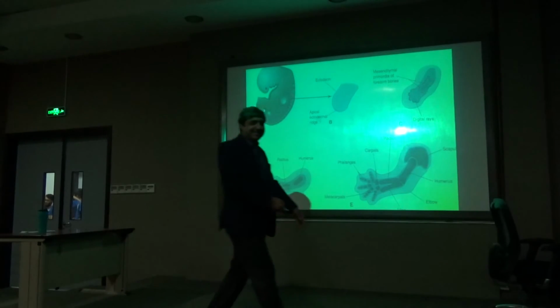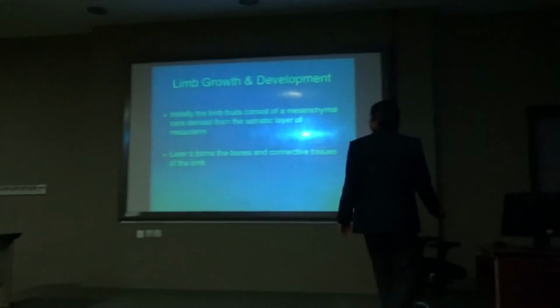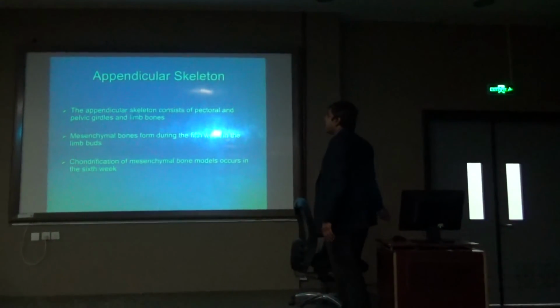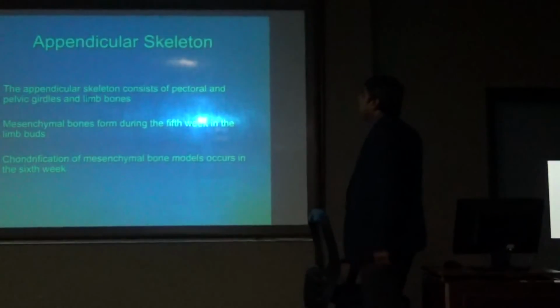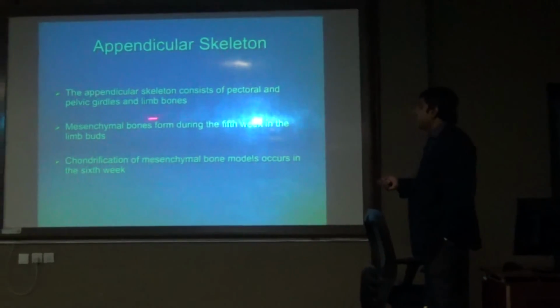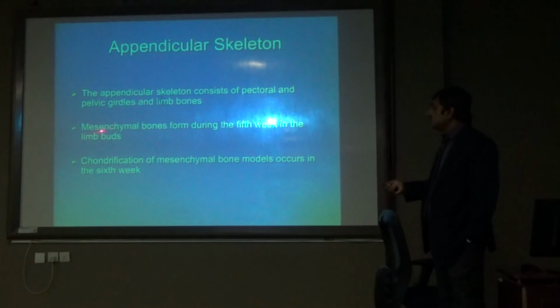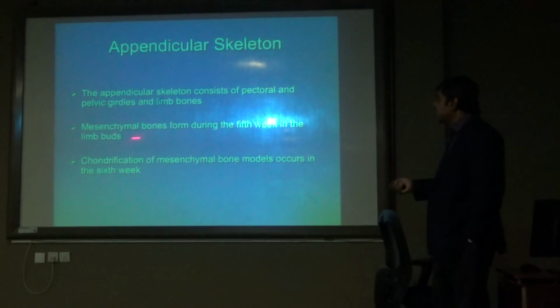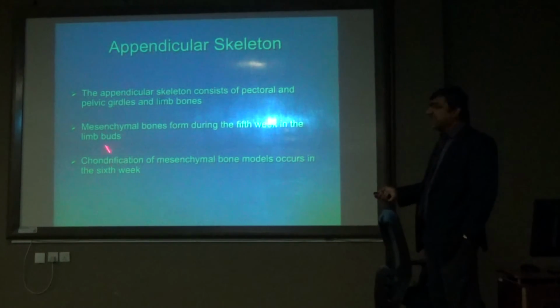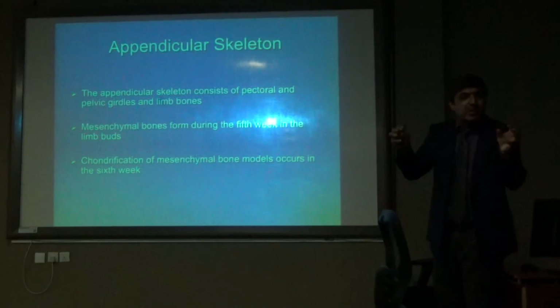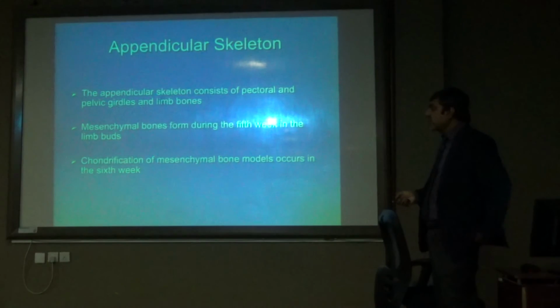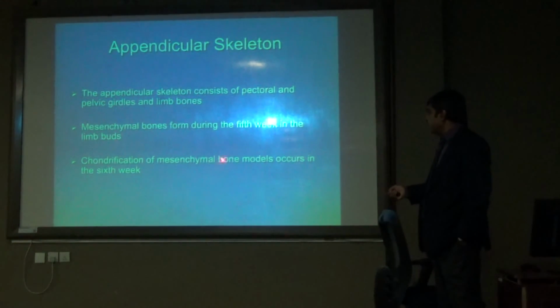Let's read it. The appendicular skeleton consists of the pectoral and pelvic girdles and limb bones. Connective tissue or mesenchymal bones form during the 5th week in the limb buds. Chondrification means formation of cartilage; it is known as chondrification of connective tissue bones.